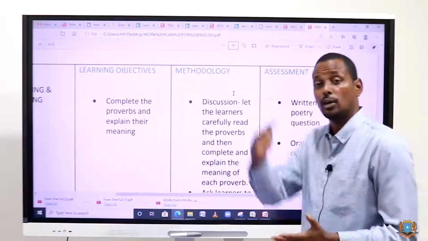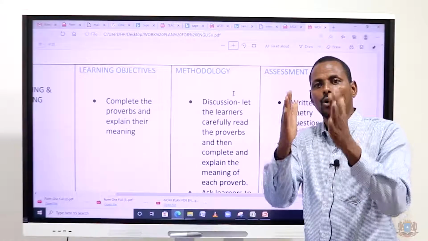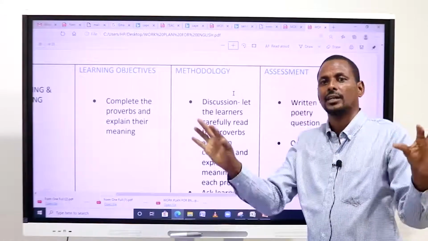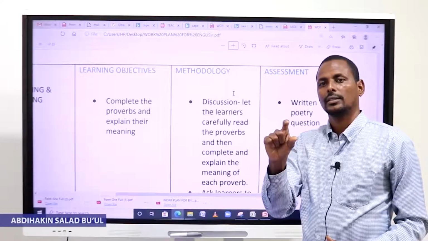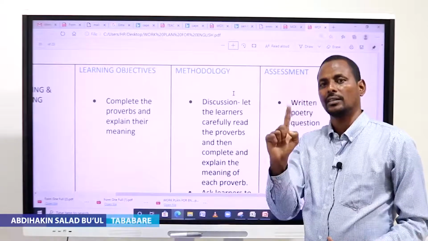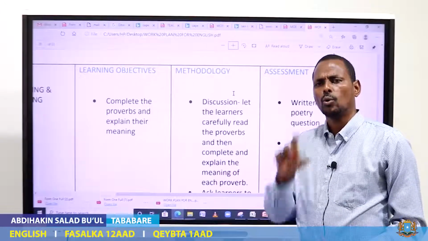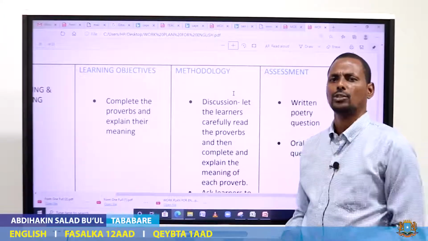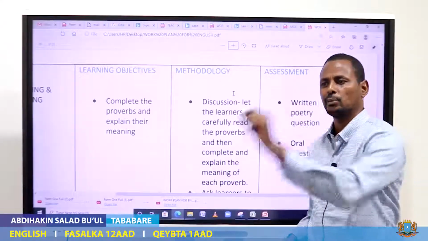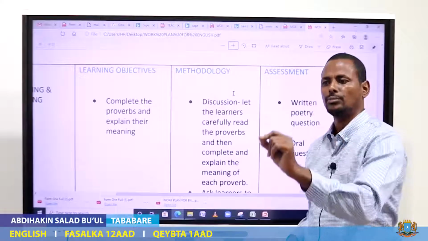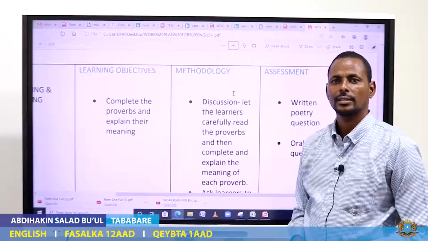Now, as I have said, since poems are not arranged the way passages are written, they are organized in stanzas. A group of lines makes one stanza. Another group of lines makes another stanza. You can even choose: read the first two stanzas of the poem and identify and explain two themes evident in those two stanzas.